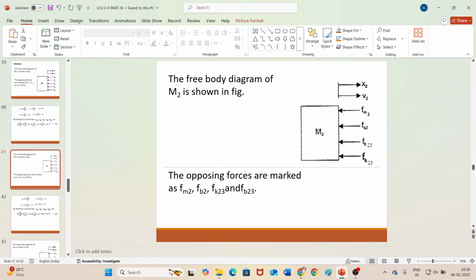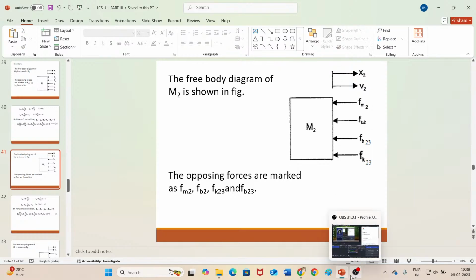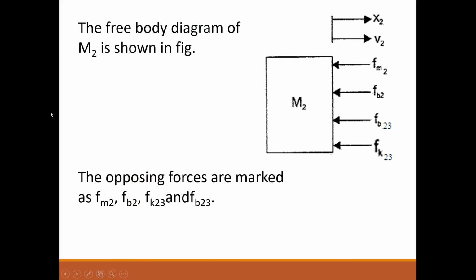This is it. So this is our free body diagram of mass M2. So you can draw it in your notes.